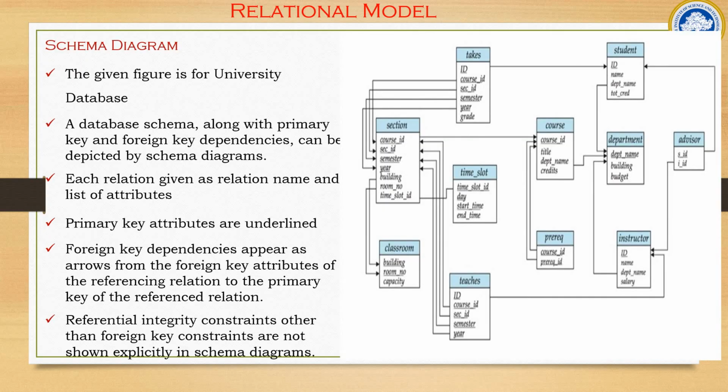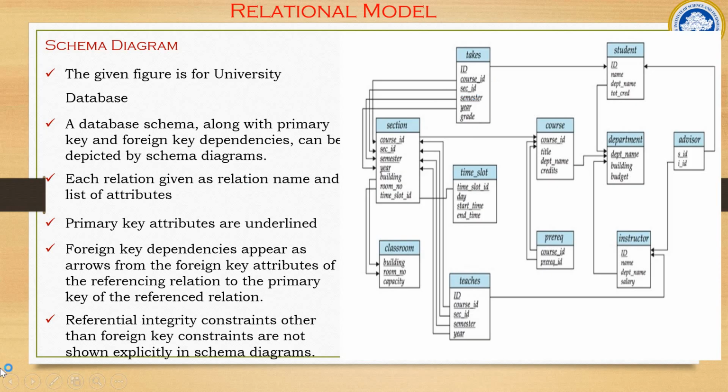This is a schema diagram. It shows each and every entity and their attributes, and how the attributes have relationships from one entity to the other entities, like section and takes. Each and every schema is a database schema. So under the relational model, we call these all database schemas, and a diagram shows how one schema is related to another.